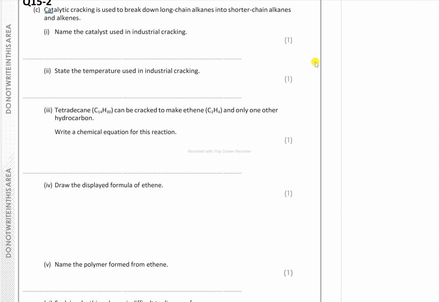Cracking, catalytic. That just means you use a catalyst. What did you say a catalyst was?